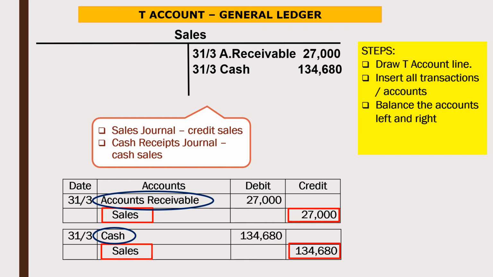We found that on the right side, that is the credit side, it is the bigger amount, amounting to 161,680. So write the amount left and right. So what is the missing figure?